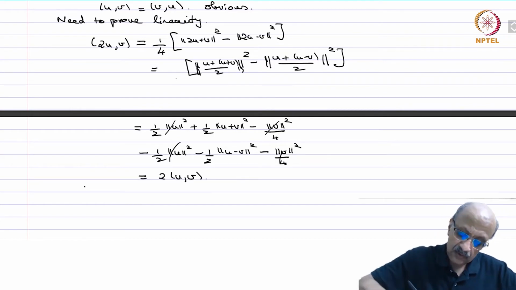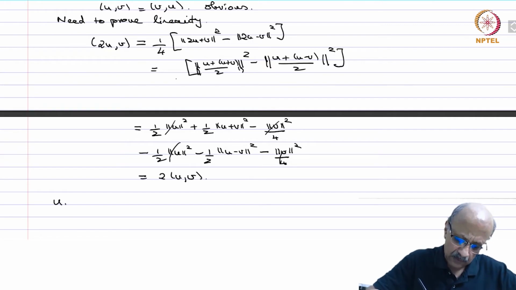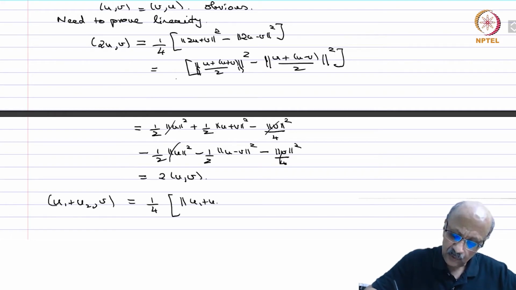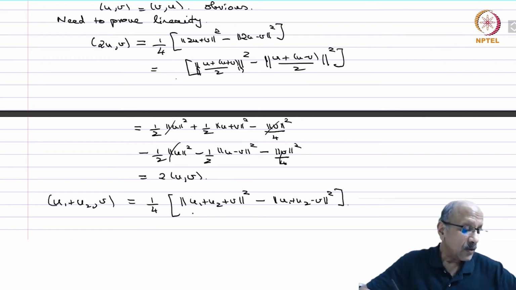So that is one relationship. Now what about (u1 plus u2, v)? That is equal to 1/4 of norm u1 plus u2 plus v whole squared minus norm of u1 plus u2 minus v whole squared. I'm going to write this as (u1 plus v by 2) plus (u2 plus v by 2).